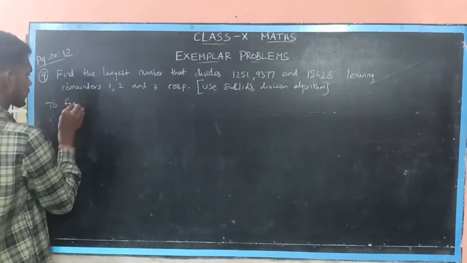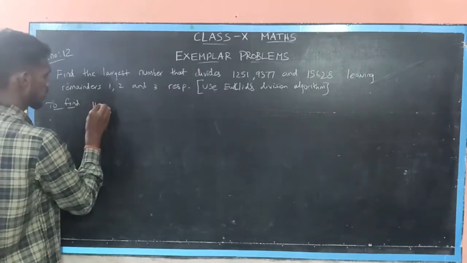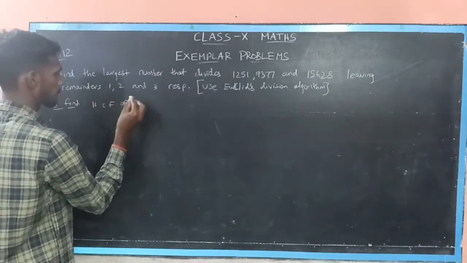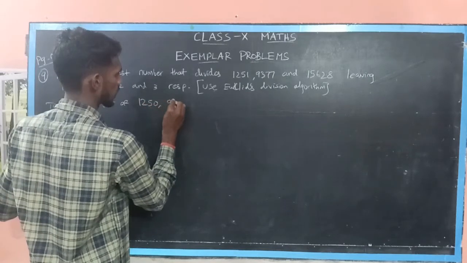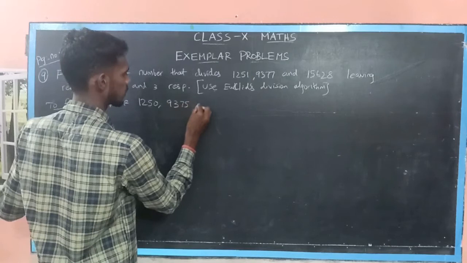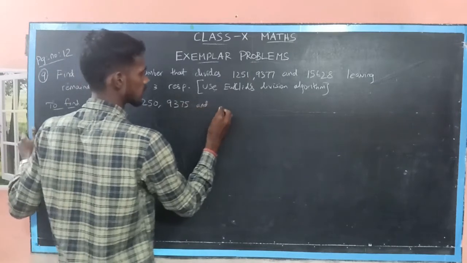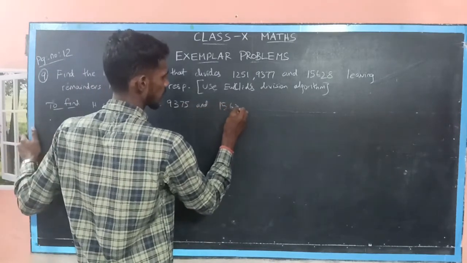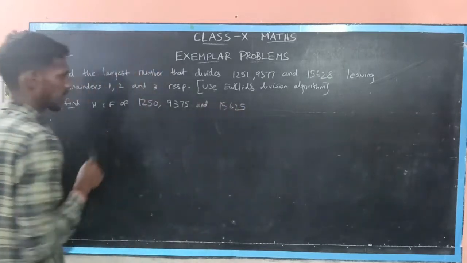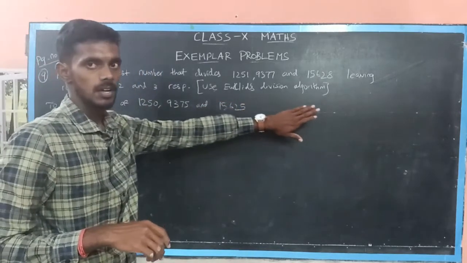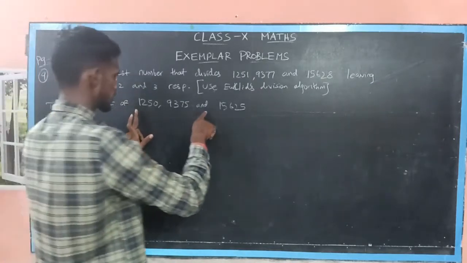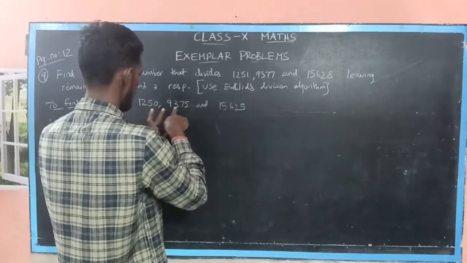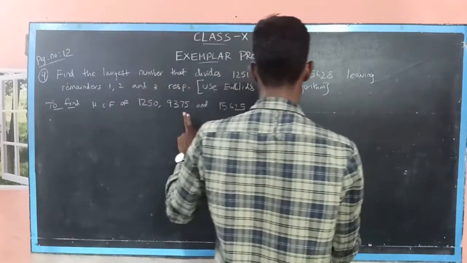So, to find the HCF of the numbers 1250, 9375 and 15625, we are going to apply Euclid's division algorithm. As usual, take the two smallest numbers, 1250 and 9375.